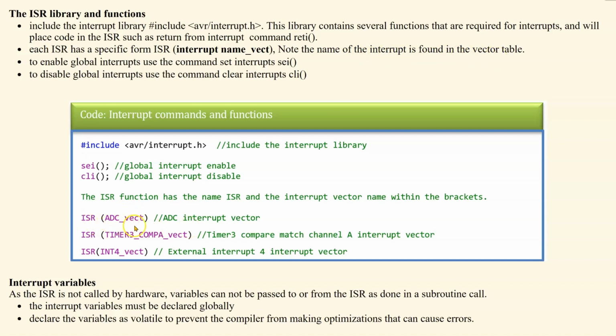We had the ADC interrupt vector, timer 3 compare A interrupt vector, external interrupt vector 4. Now note also, you can't pass variables to and from the ISR, so they must be declared globally, but also you must declare these variables volatile, and that prevents the compiler from optimizing these variables, which can cause errors.